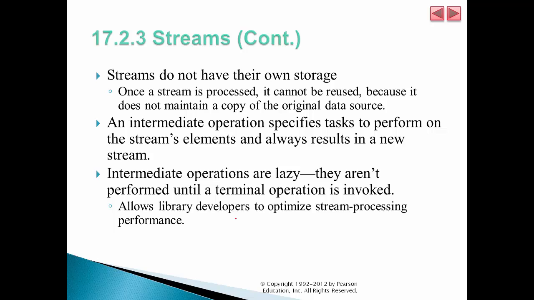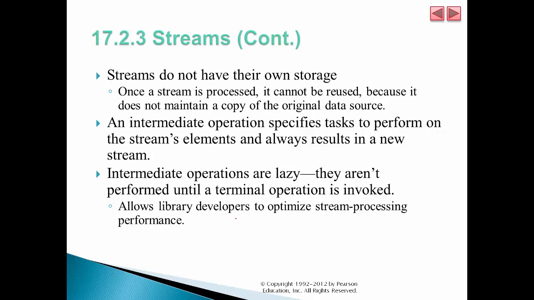The streams are also lazy, which means that once you specify the task for your program, it doesn't mean that the data will start flowing through this pipeline as soon as you create it. No, the data will be flowing through this pipeline only when the terminal operation is invoked, only when someone asks for the data.